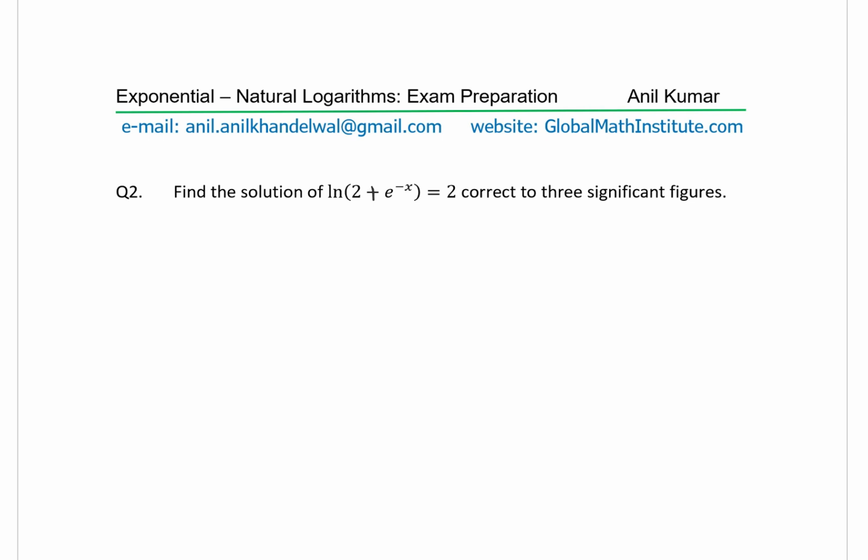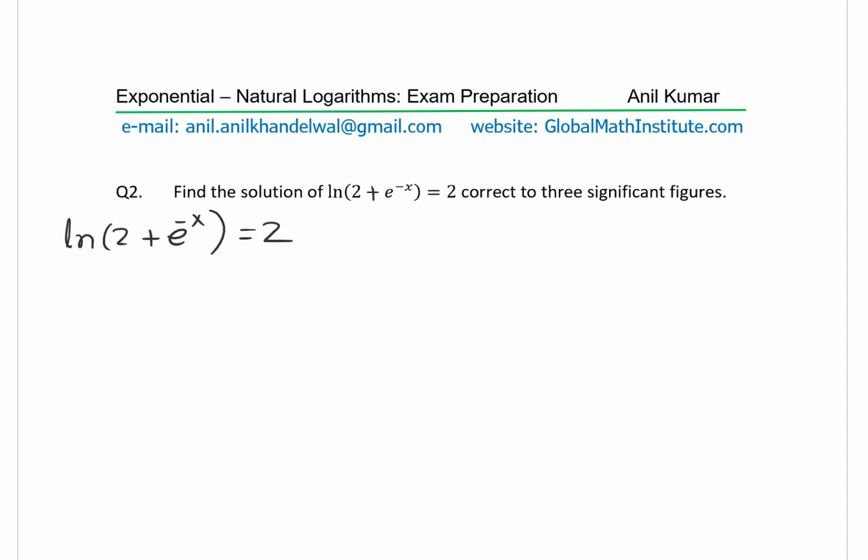Now let us take the second question, which is: find the solution of ln(2 plus e to the power of minus x) equals 2, correct to three significant figures. So the question is ln(2 plus e to the power of minus x) equals 2.